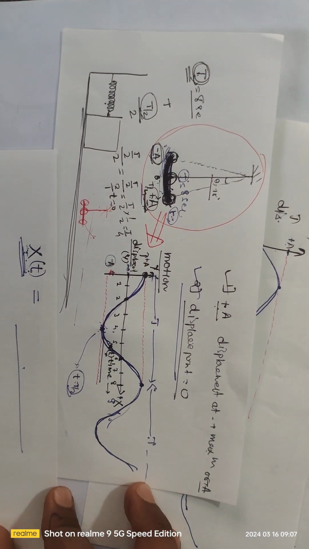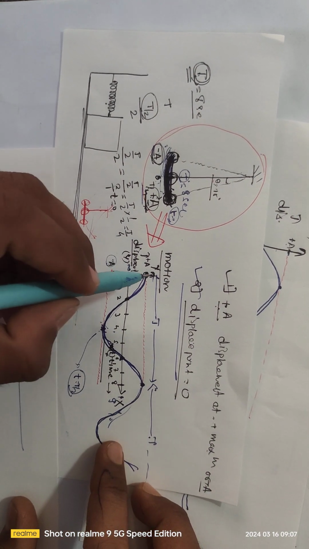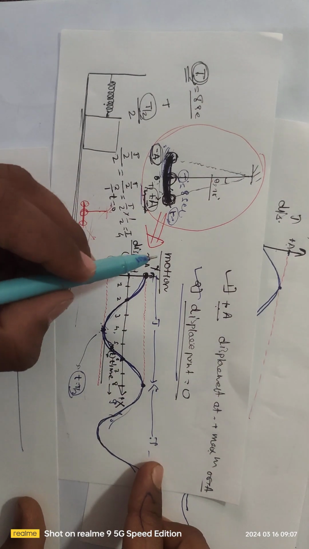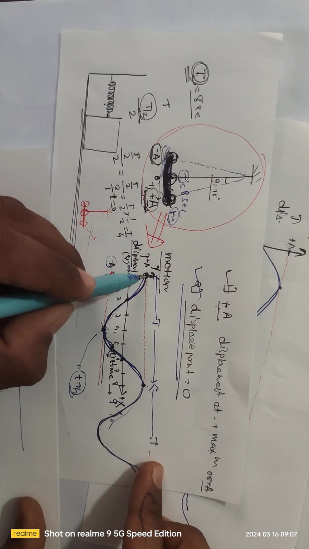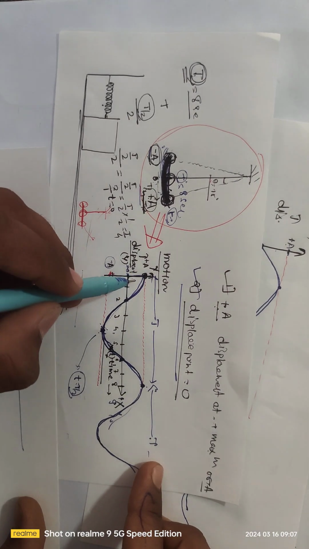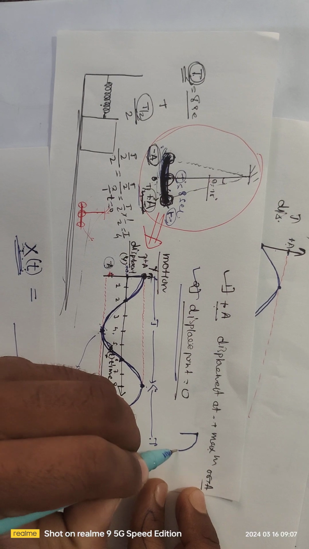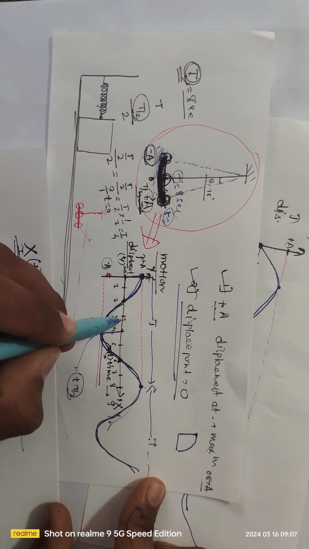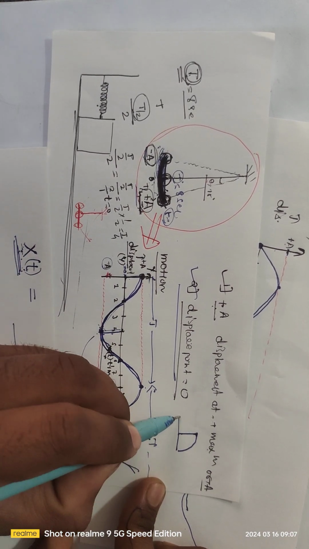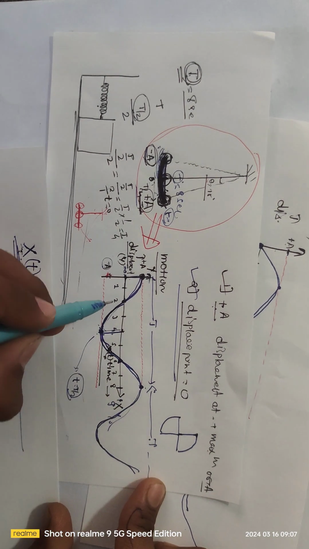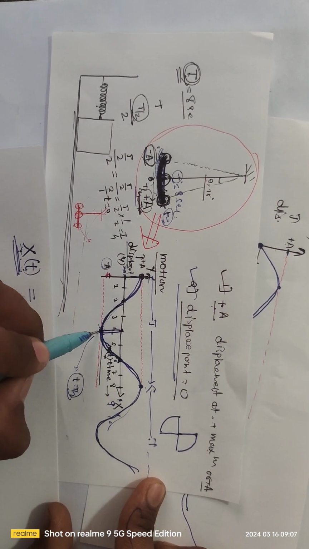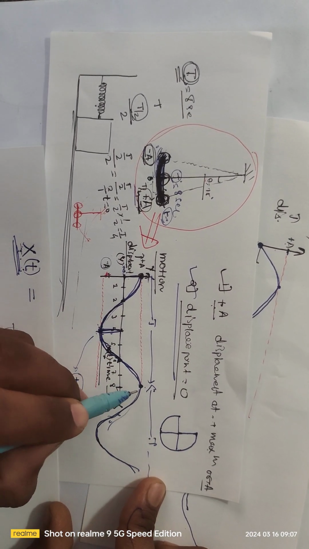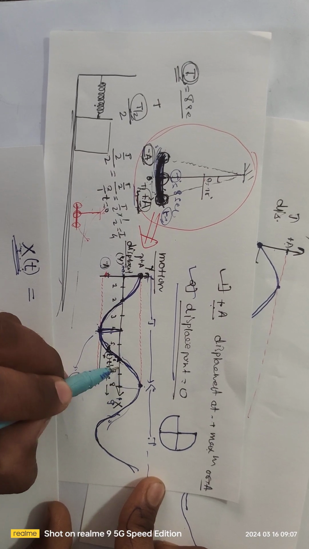Now look at this figure. In one period of time, it is 1/4 of the circle, then another 1/4 of the circle, again 1/4 of the circle, and the fourth is also 1/4 of the circle.